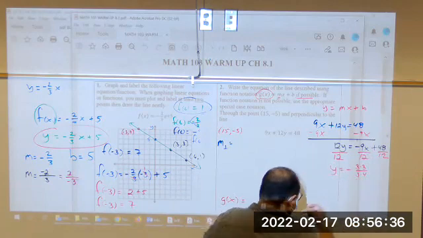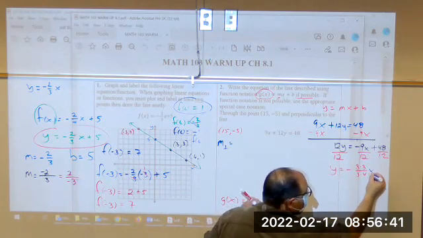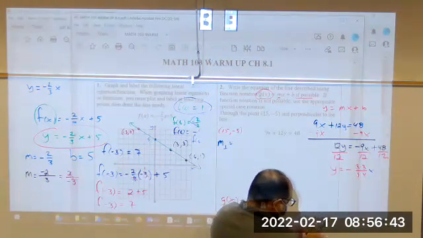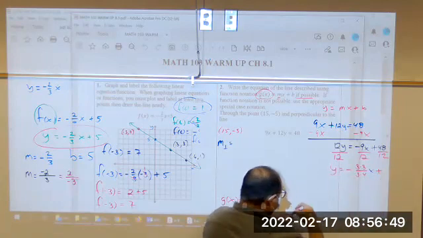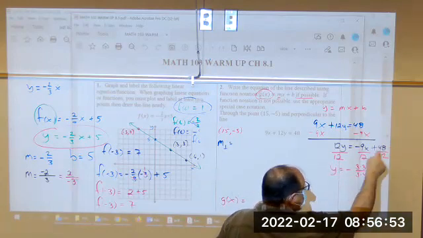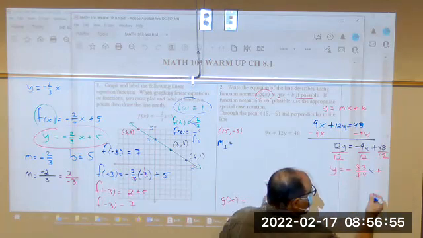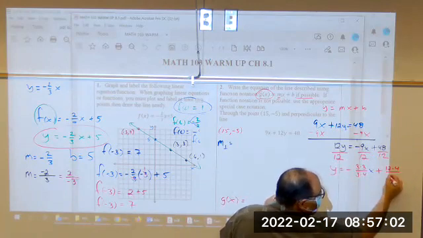And then you have the x. And then plus 48 over 12. 12 goes into 48 evenly. So that's 12 times 4. And this is 12 times 1.